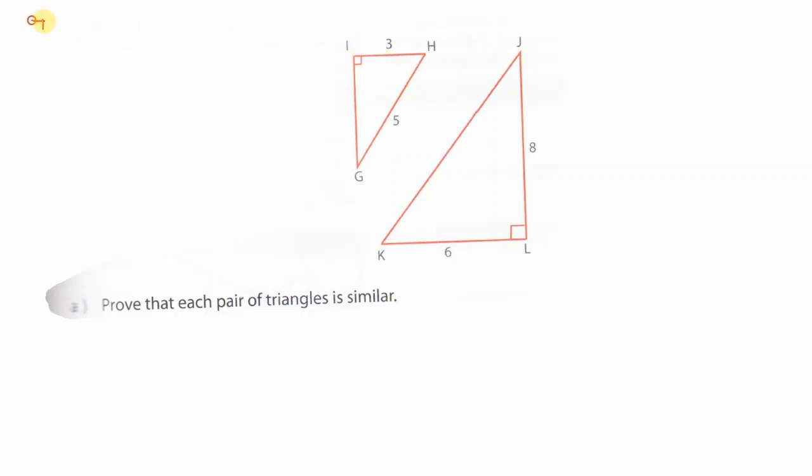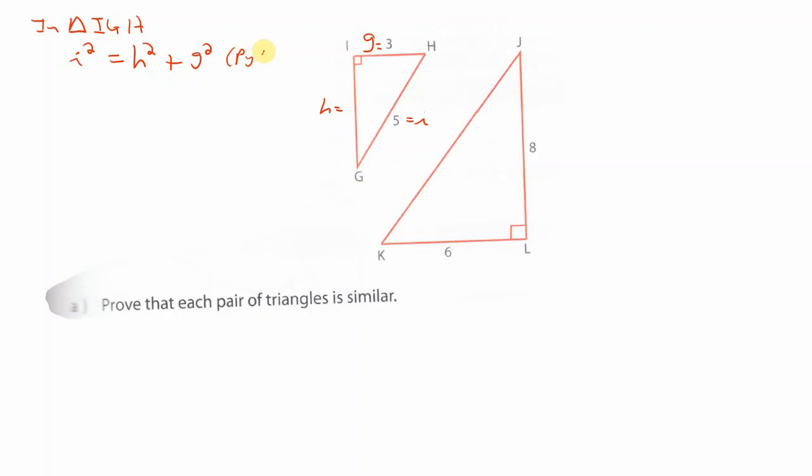So in triangle IGH, I can say that opposite big I we have small i, the hypotenuse, so i squared equals opposite big H we have small h squared, plus opposite big G we have small g squared.